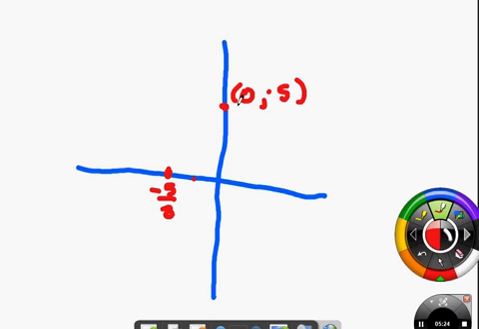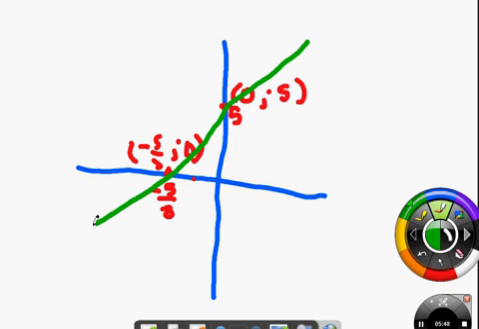So I'm going to mark 5 there, and this is negative, so this point is actually negative 5 over 3 and 0. If I'm going to draw the graph, because this is a straight line, we're going to use a ruler. I'm not using a ruler, so I'm just going to draw it freehand, but you would probably use a ruler because it's a straight line. So now that's how we sketch a straight line.